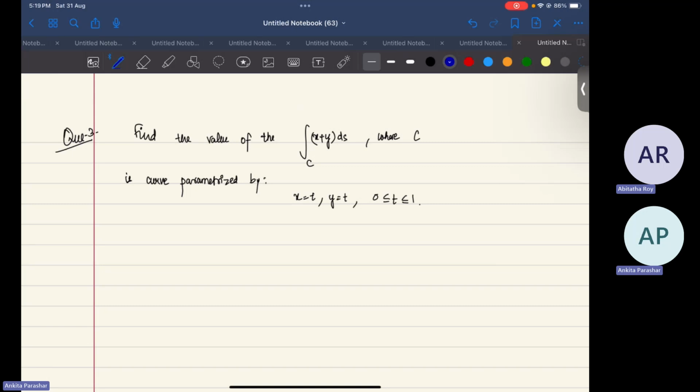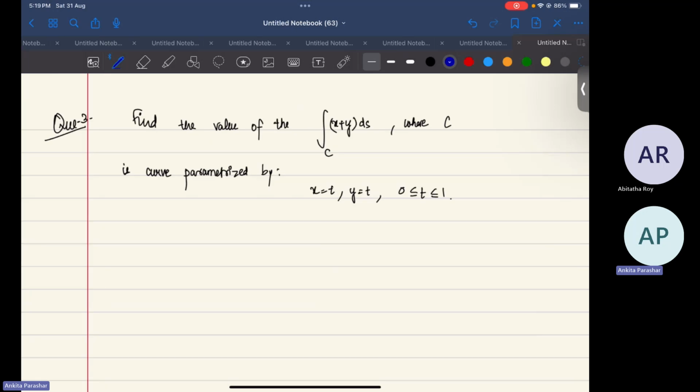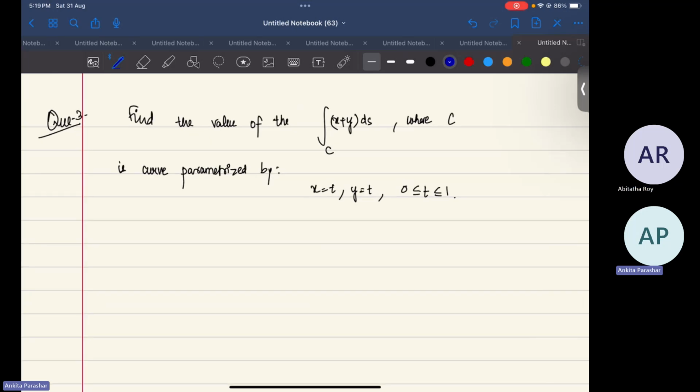In this context, it would be a very small change in area. Yeah, as you said, it is just a small change of area. Then what is the meaning in this case? So x plus y represents the curve or the plane, the area which we want to find, and ds is a very small change in that area.